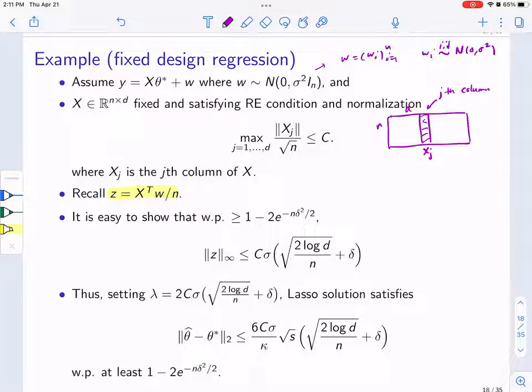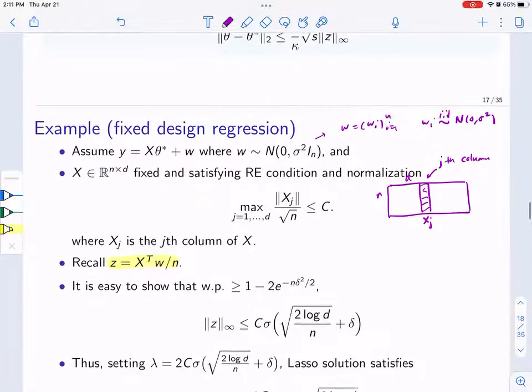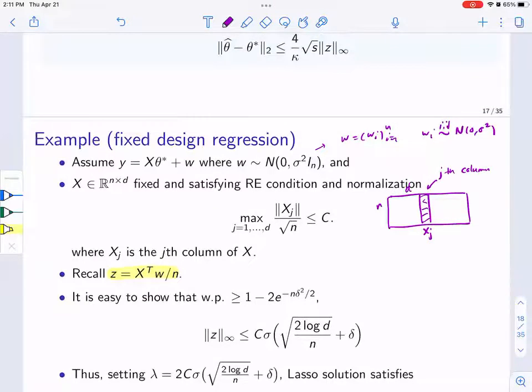Maybe any other suggestions? Do you have a simple idea? Let's say d is less than n, and X is an orthogonal design.